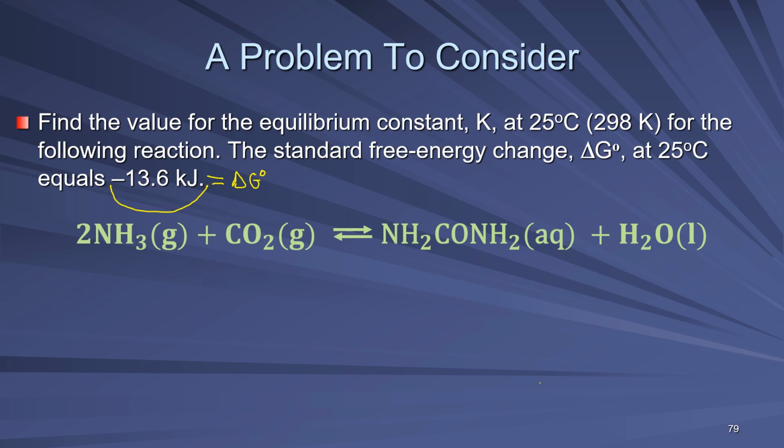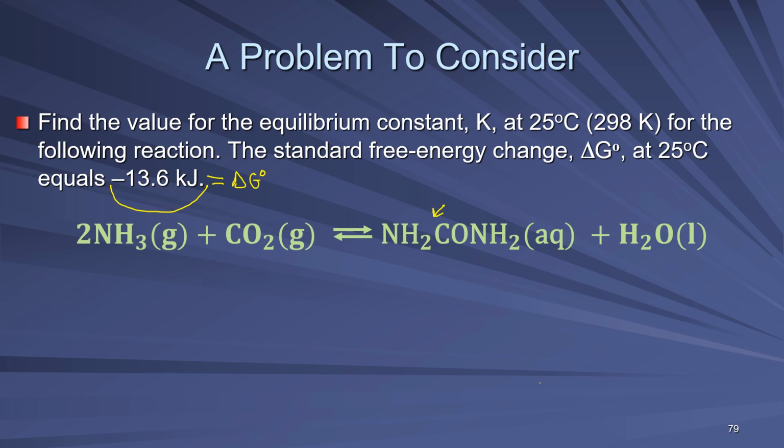So I believe we found it on a previous slide, but you can look up these values in Appendix G and take our products minus our reactants. You would be either given the number or told to look them up in Appendix G.